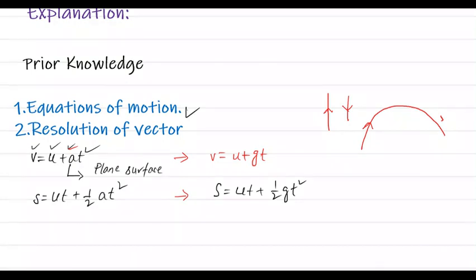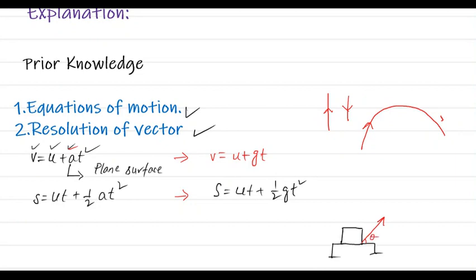Now the second important factor that we need to understand well for the mathematical explanation of projectile motion is the resolution of a vector. When we resolve a vector into its components, for example, if an object is placed on a table and I exert a force on it at some angle theta, it can be any angle, then what will happen?